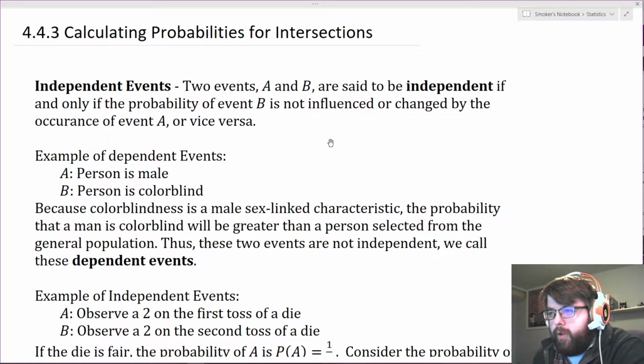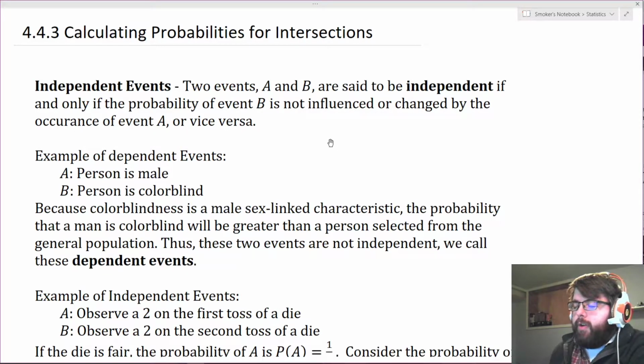Independent events: two events are independent if, let me just start over. Two events are independent if the outcome of one event has no sway on the outcome of the other event. Both directions.